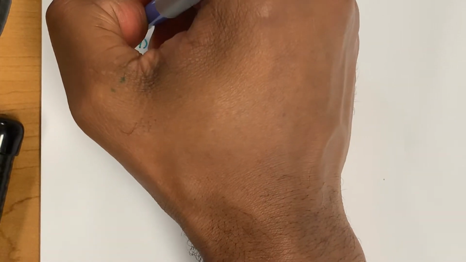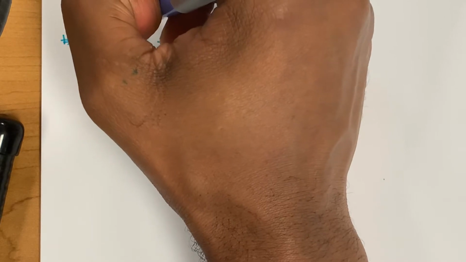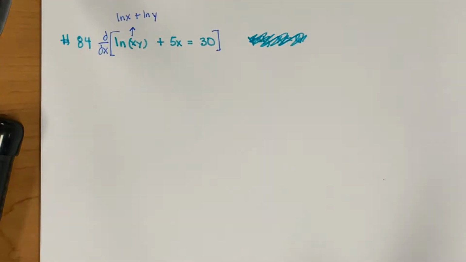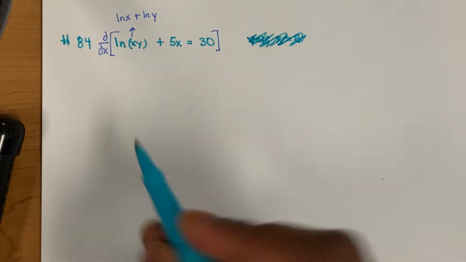So couldn't we first rewrite this to be the ln of x plus the ln of y to avoid doing the product rule? The answer to that question is yes. So that's what we'll do.